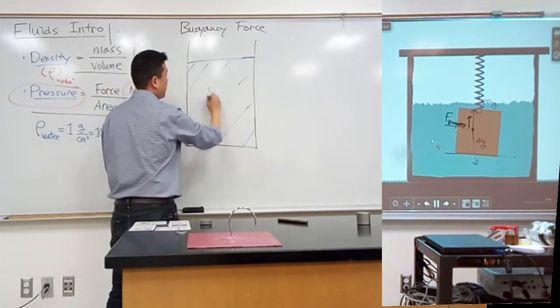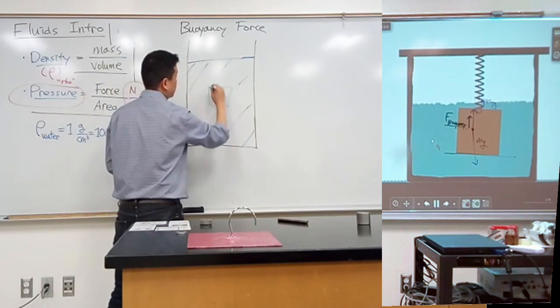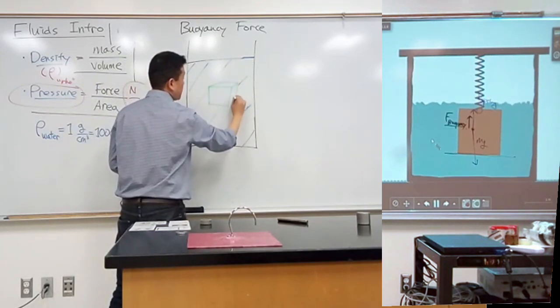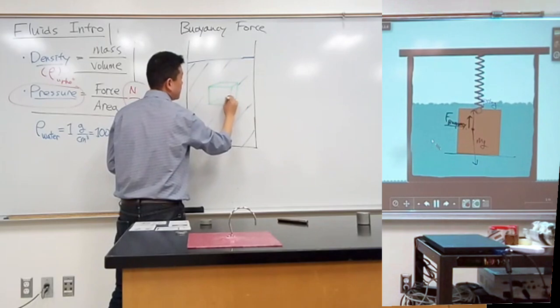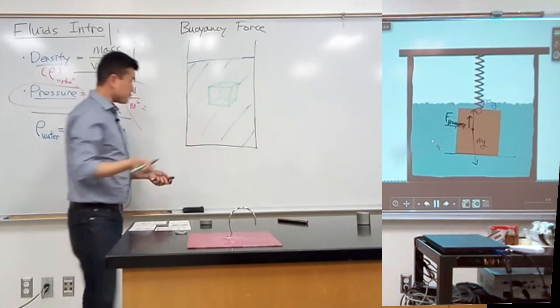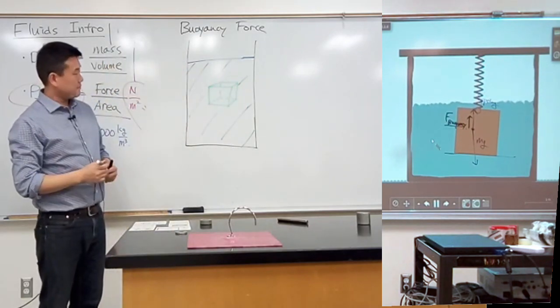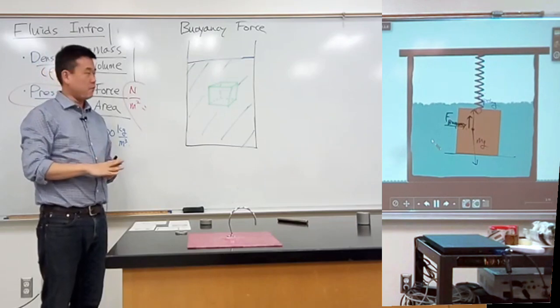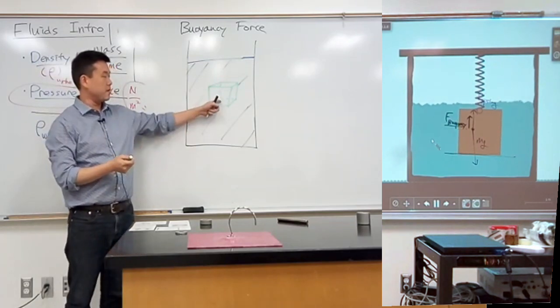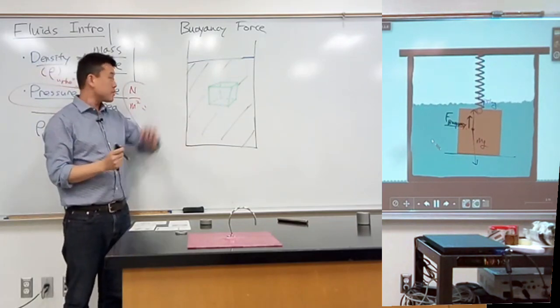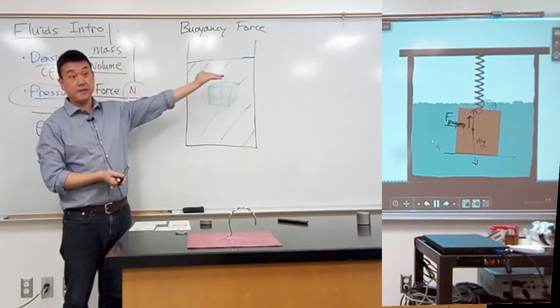And just imagine that I place the cube here. So a cube is submerged in the liquid. And it doesn't really matter what the density of this cube is, as we'll find out. So I'm just not going to say what its density is.